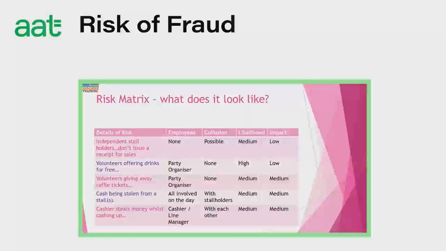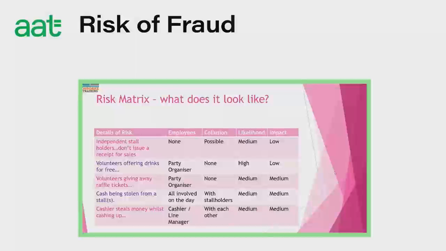So in summary, this is how our risk matrix would then be presented. Okay, so you've probably seen similar presentations across your different textbooks. This is the layout presentation for the AAT as well.